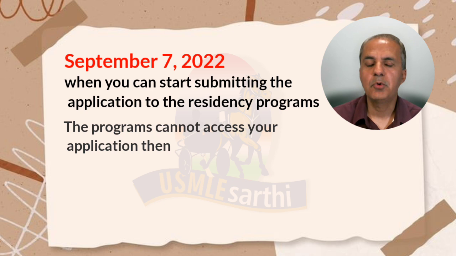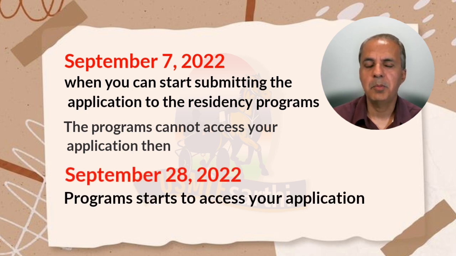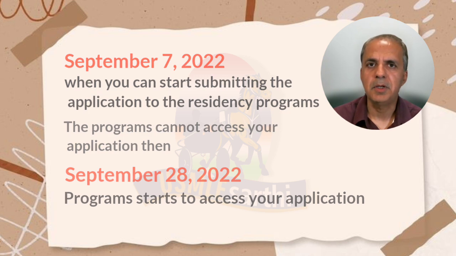The date when programs start to access your application this year is September 28th. So this has the following implications. There is no difference if you submit the application on September 7th versus September 27th. They are all going to be accessed on September 28th.